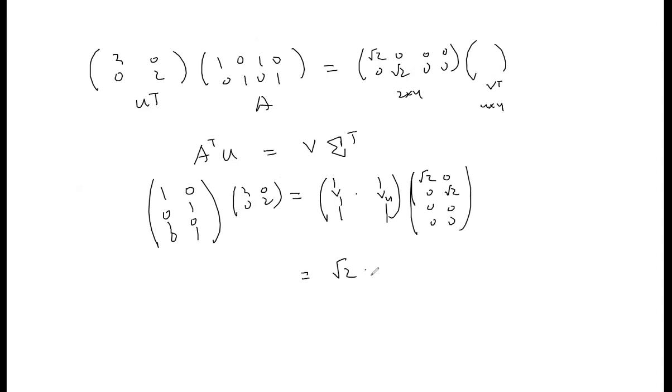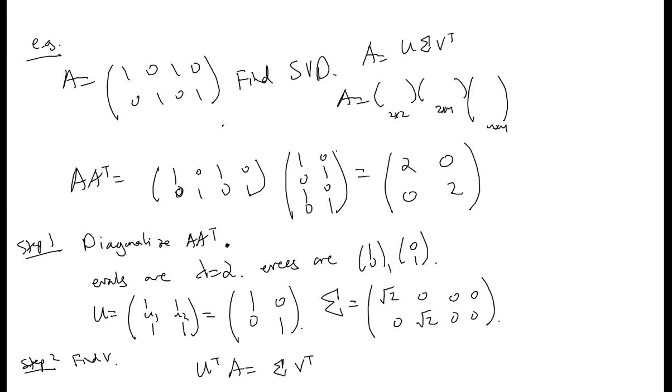Okay, root 2 v1 equals 2 times 1, 0, 1, 0. Wasn't U the identity before? I don't think so. Oh shoot, you're right. I messed it up. U is 1, 0, 0, 1.